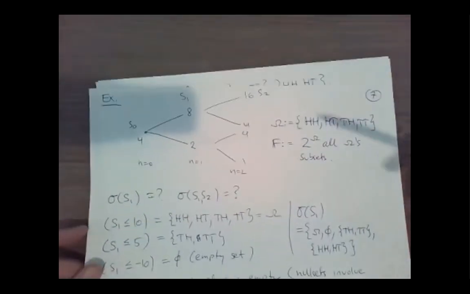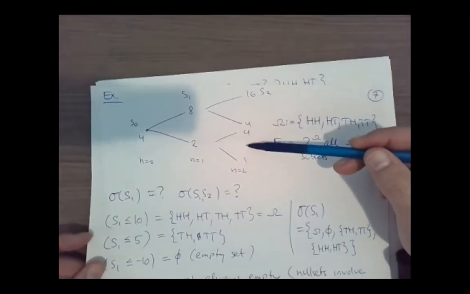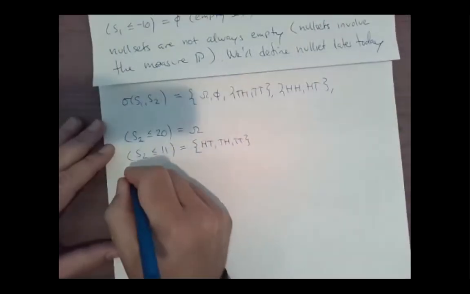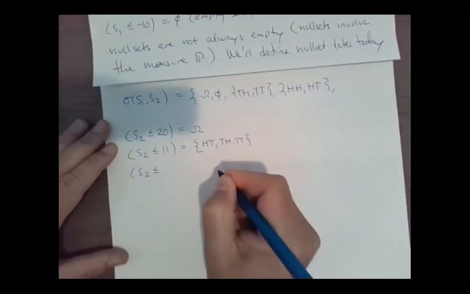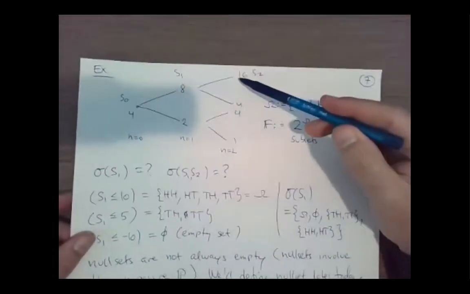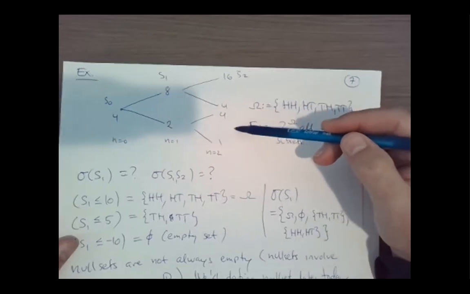And when will I get something next time? Probably put a value in here somewhere, like a 2. If I put a value of 2, I'll get something else. So what will that give me? If I look at 2, 2 is here. So I want S2 to be less than or equal to 2.